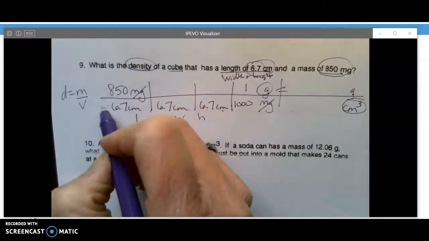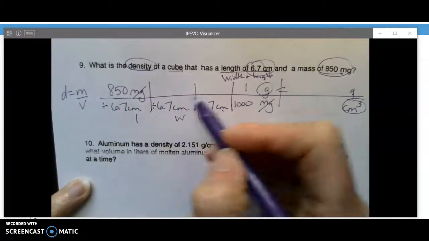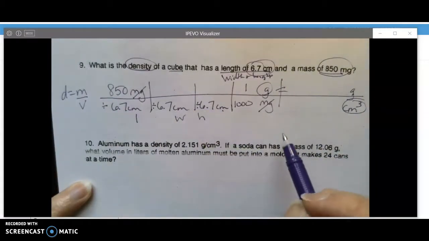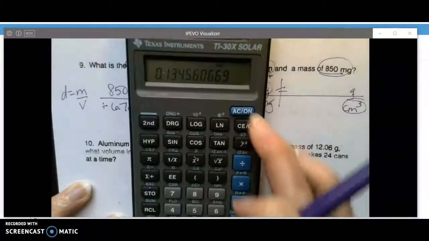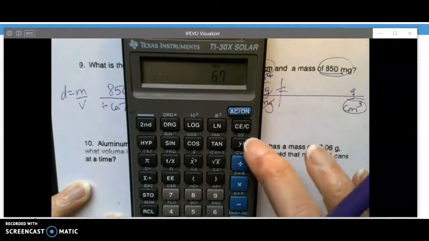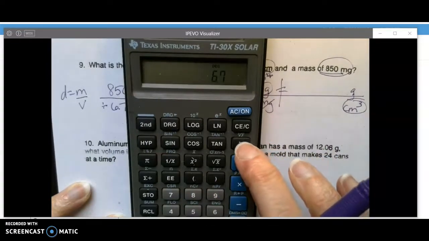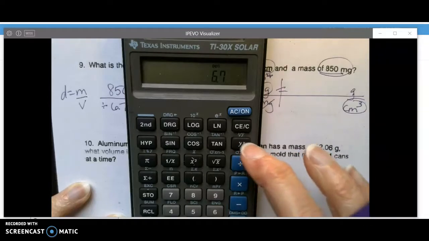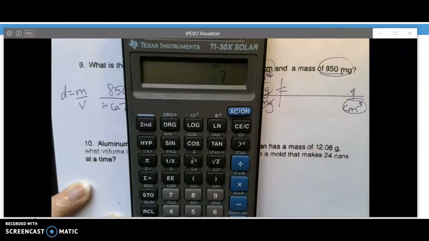So I'm going to do 850 divided by 6.7 divided by 6.7 divided by 6.7. Or you can use on the calculator, if you don't want to do that, you can do 850 divided by 6.7, your y to the x key or x to the y key, or some calculators have a caret button, y to the x 3.